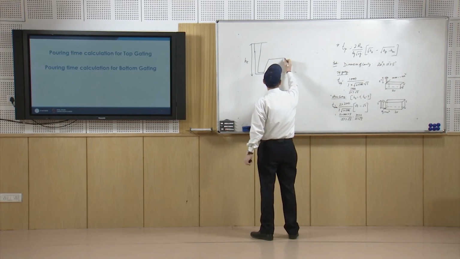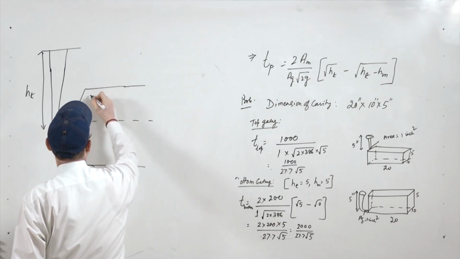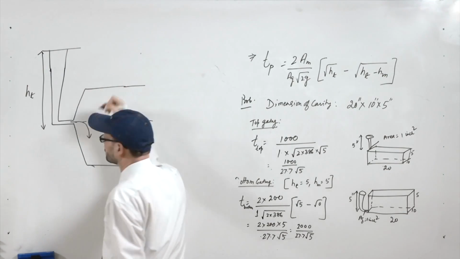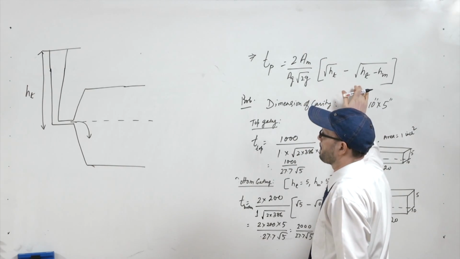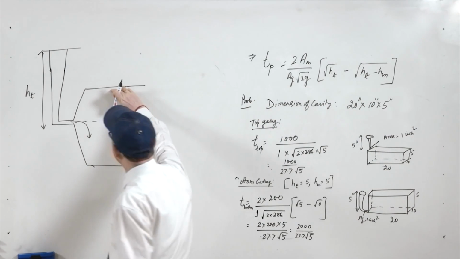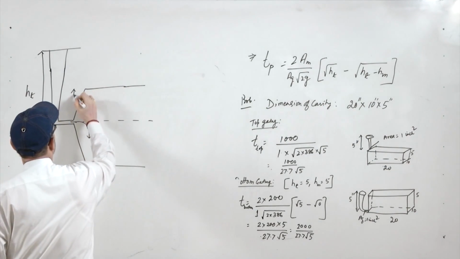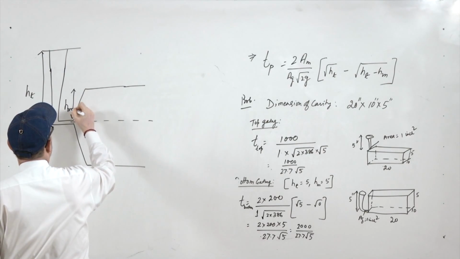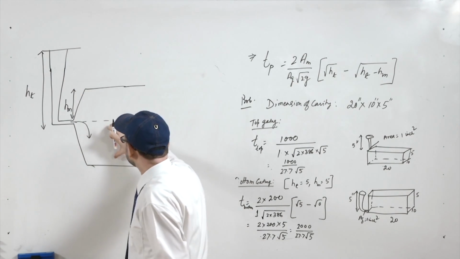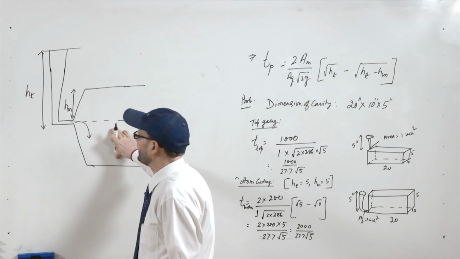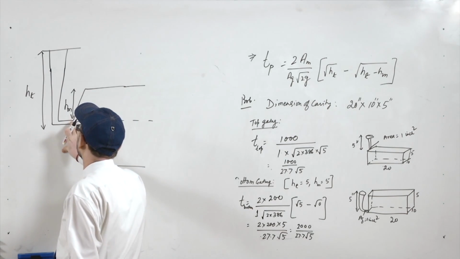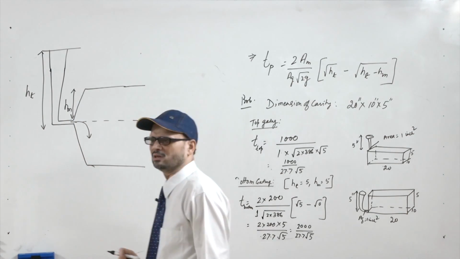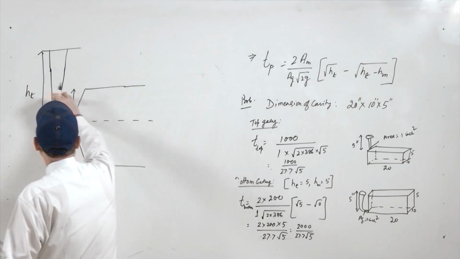Then when we come to the upper half portion of the domain, in that portion you have to calculate the pouring time using this formula. So, depending upon this height, this will be Hm. For this portion it will be simply this volume divided by area at this point and velocity at this point, and for this again you have Ht and Hm.